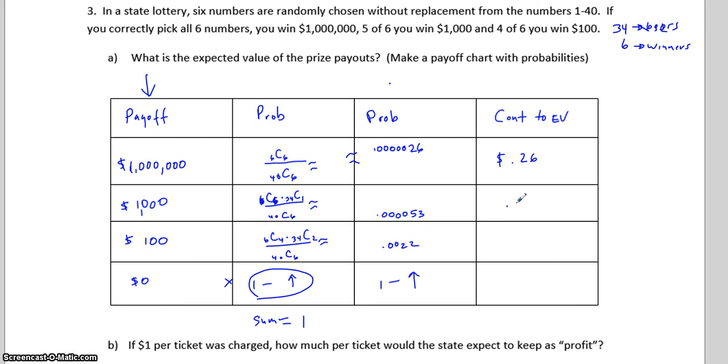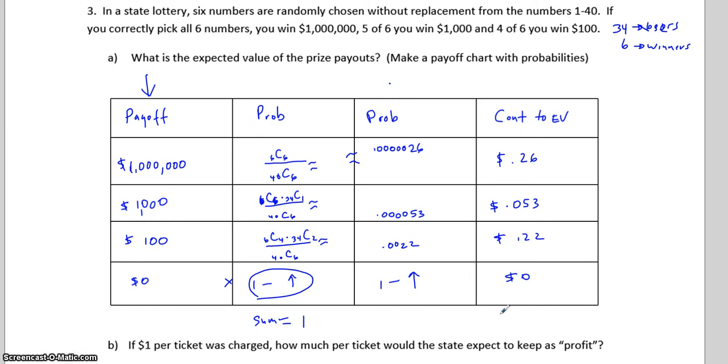The $1,000 prize here contributes 0.053 cents, so a much smaller piece. And then the $100 prize, because it happens a fair amount, $100 times this probability is 0.22 cents. And then here, 0 times the probability we didn't bother calculating is just 0. So we don't need to worry about that.